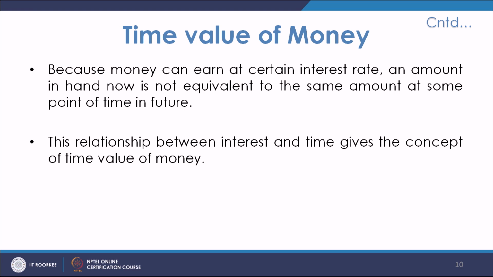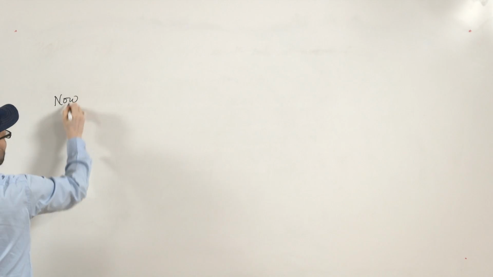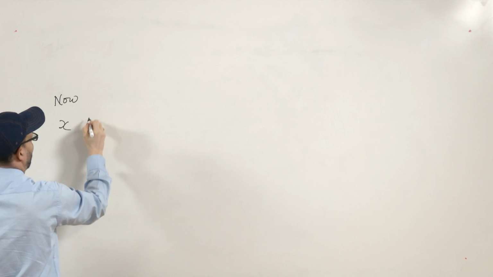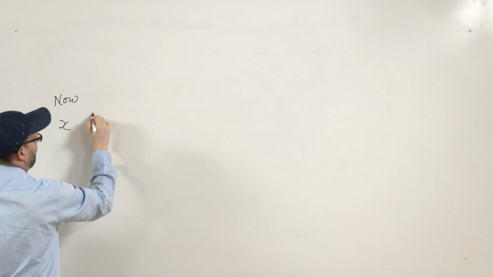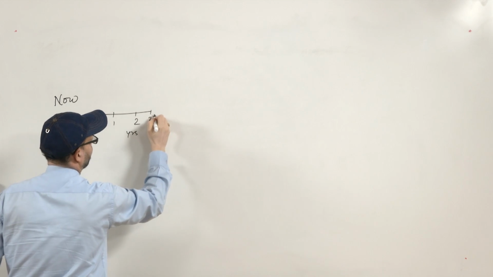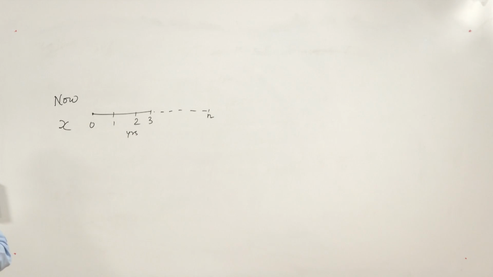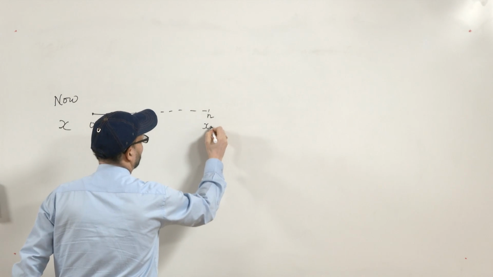So, this relationship between interest and time, it gives the concept of time value of money. We can see by looking at this figure, where we will try to elaborate how the time value of money changes. If we have some amount now, amount x and time is 0, as the time progresses 1 year, 2 years, 3 years. So, after n years the value of money, the amount which we had x, it will earn something and its value will be x plus interest earned.